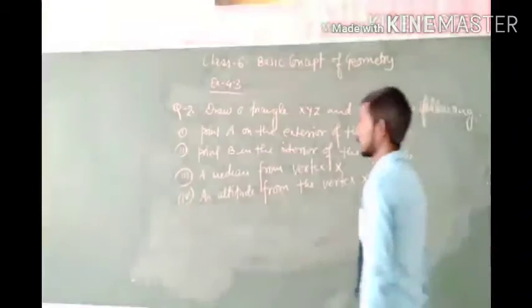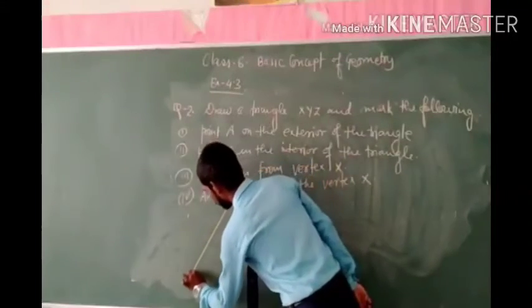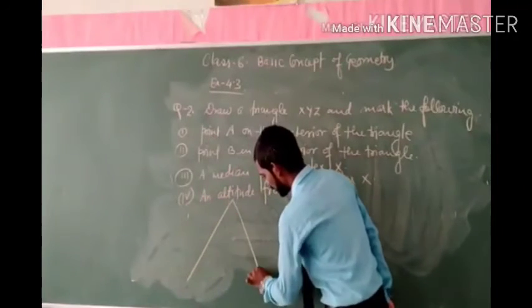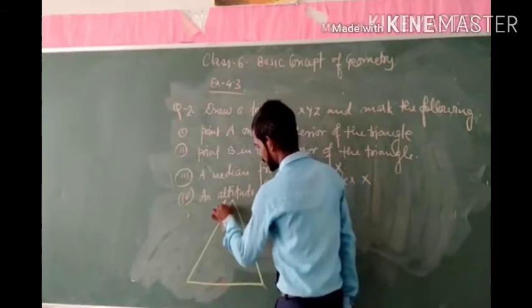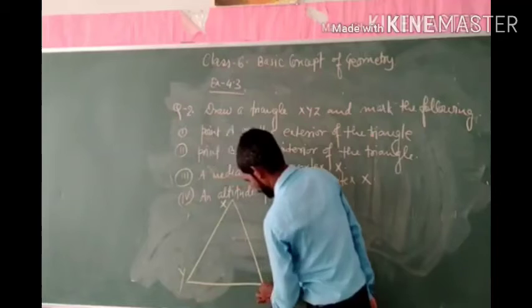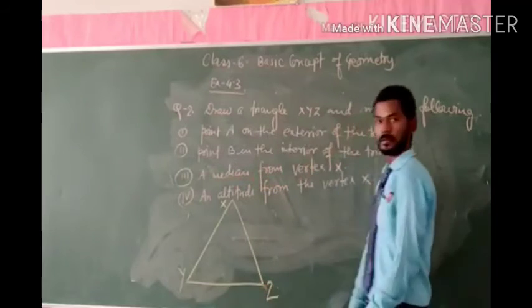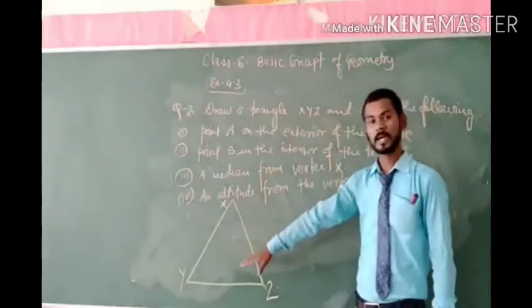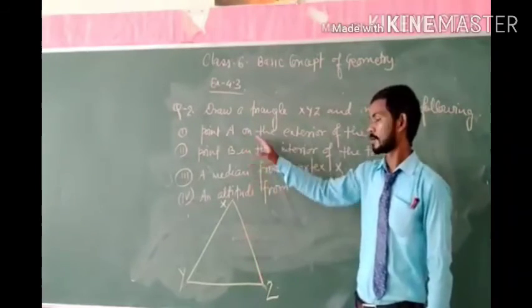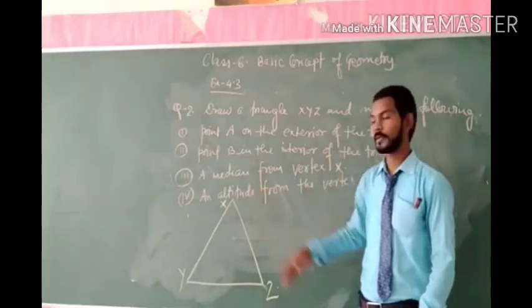So first of all, draw a triangle XYZ. We have done. Now let's mark the points given here.